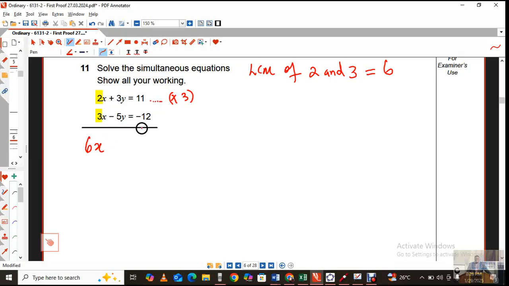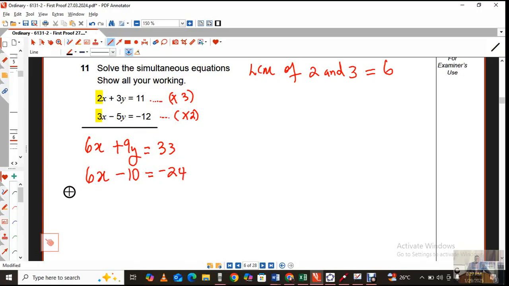The 3y times 3 will be 9y. And the 11 times 3 will be 33. To make this 3 a 6, I will have to multiply this equation by 2. So 3x times 2 is 6x. Then minus 5 times 2 is minus 10. And negative 12, doubling that gives you negative 24.